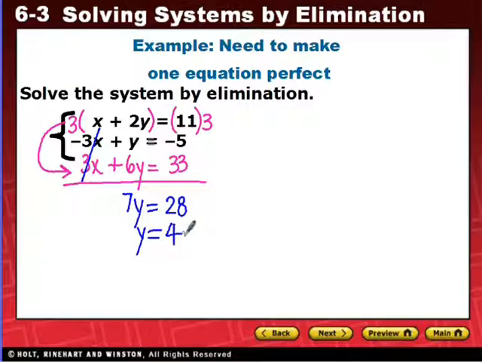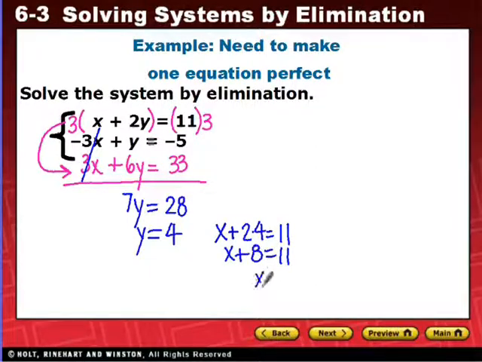Solve for x, and let's pick the first equation because that looks nicer. Use the original equation. X plus 2 times 4 equals 11. X plus 8 equals 11. So x equals 3. So it looks like our solution should be 3, 4.